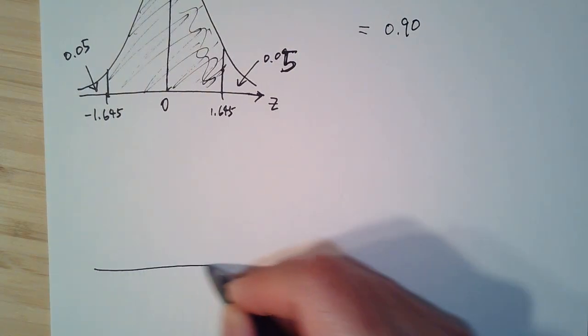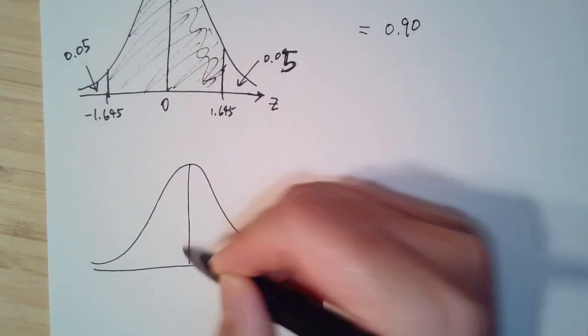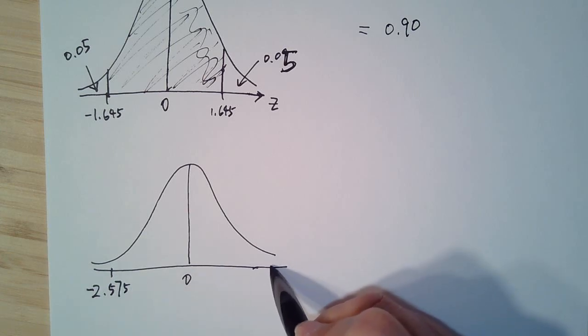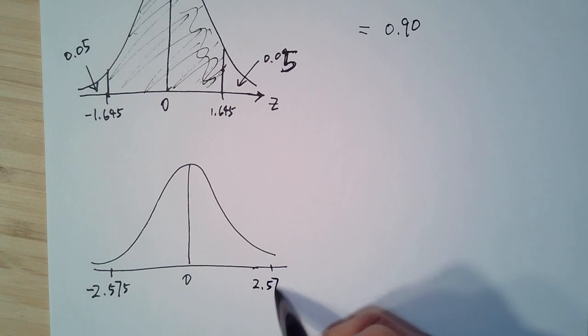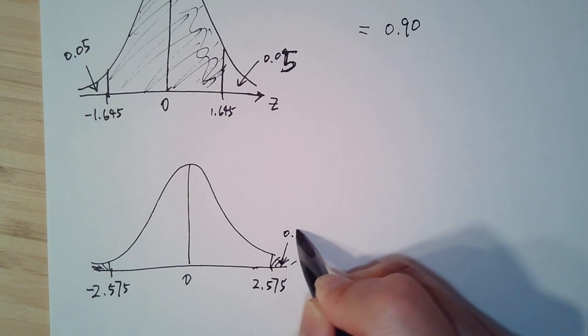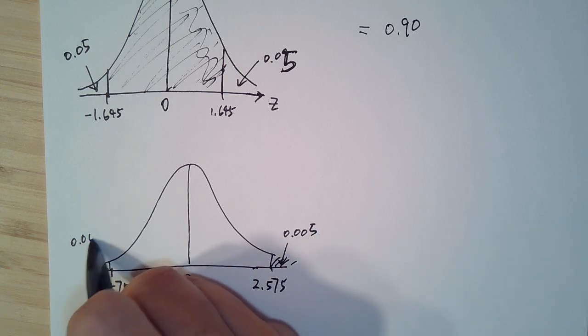So what it says is this. Negative 2.575, and here's a positive 2.575, and they tell you this little area is 0.005, and here is 0.005.